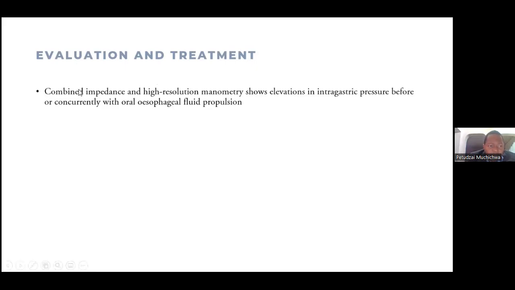In these patients, we need to exclude gastric outlet obstruction. We need to ascertain the diagnosis properly according to the Rome IV criteria and exclude other diagnoses.